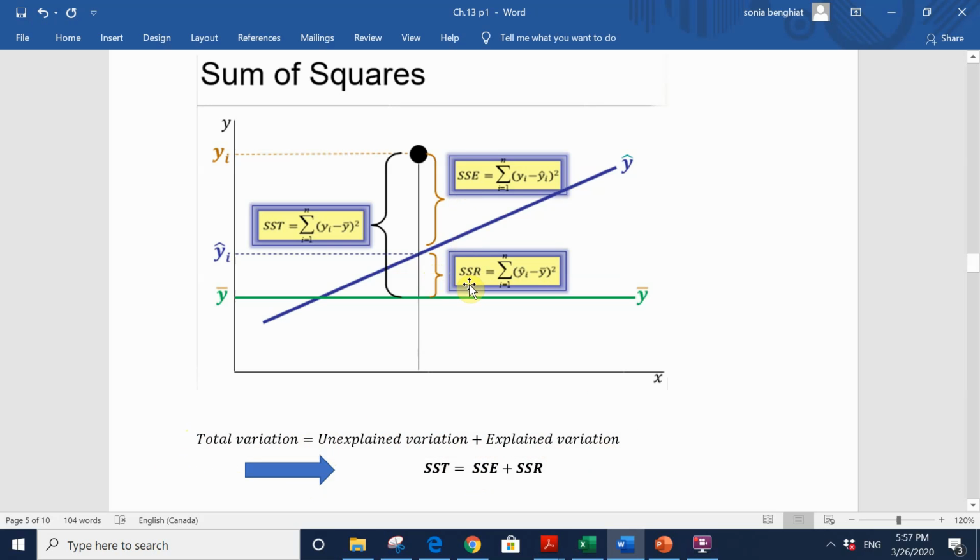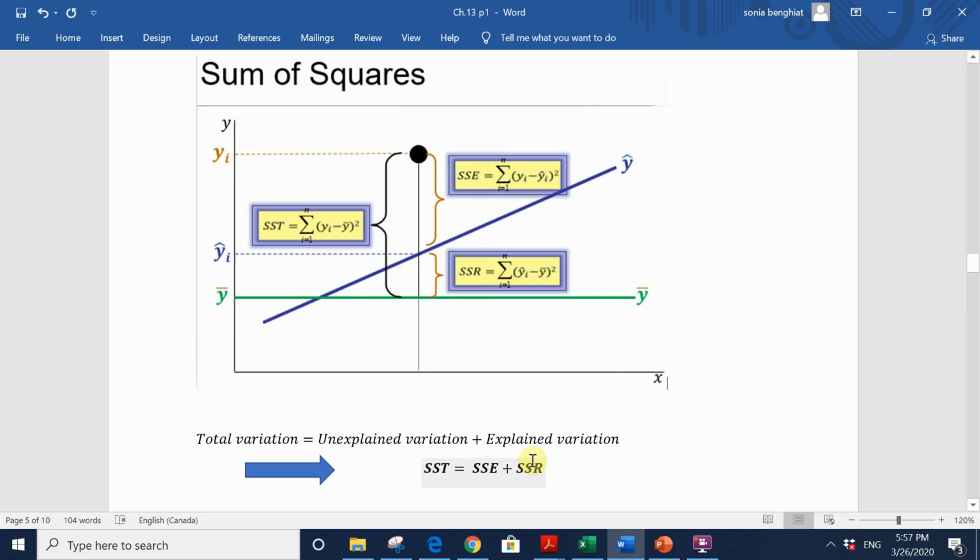That is my new measure, the sum of squares of the regression variation, also called the explained variation. Explained because I know where this variation is coming from. It's coming from my regression line, hence it is explained. This is an important formula that you want to note.